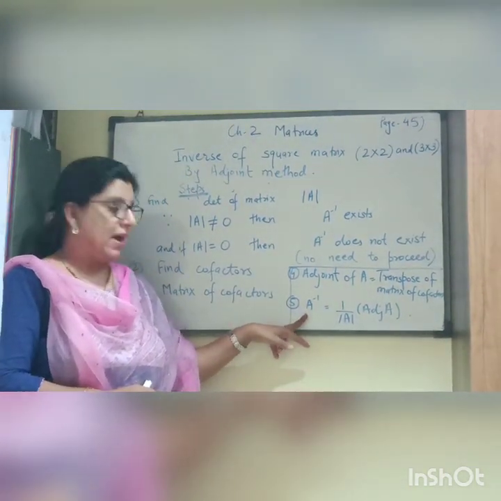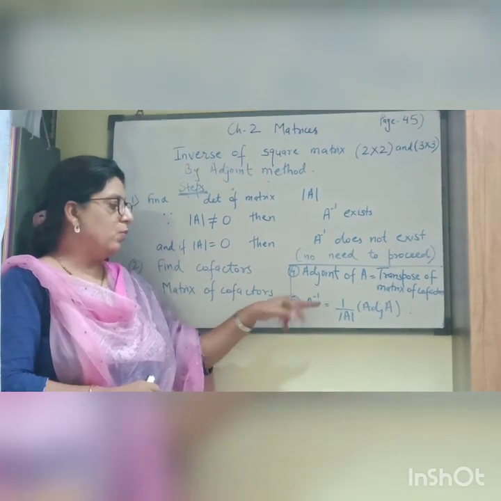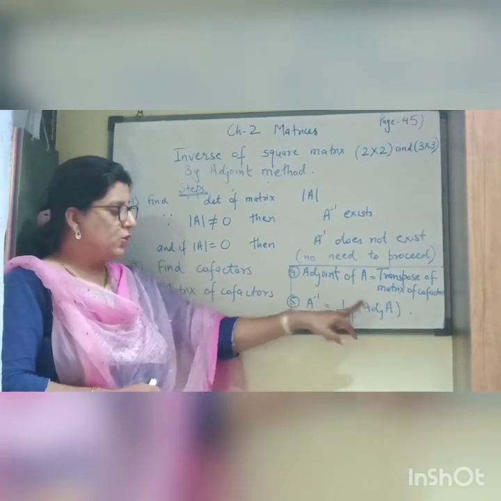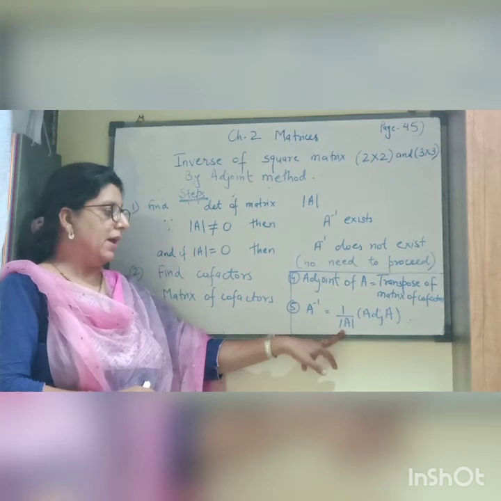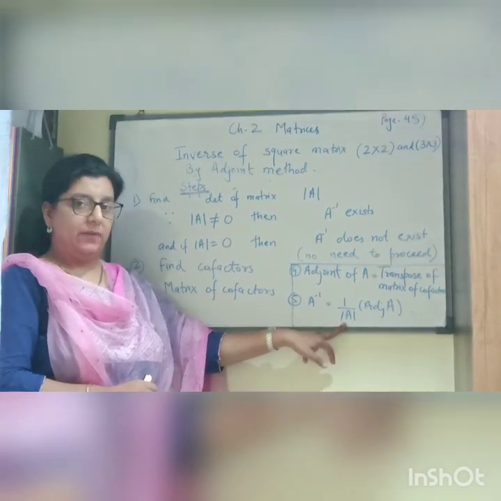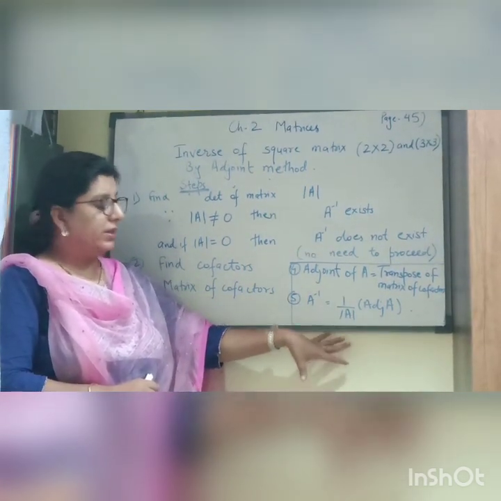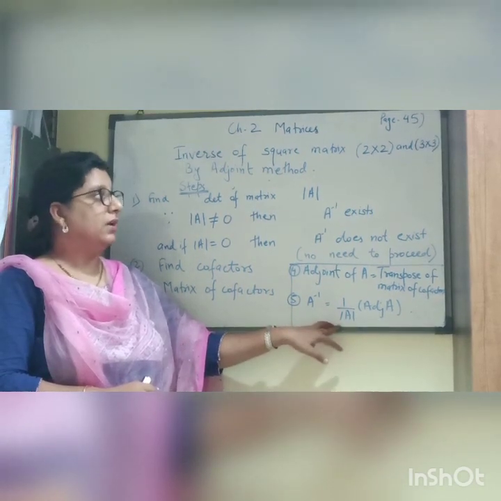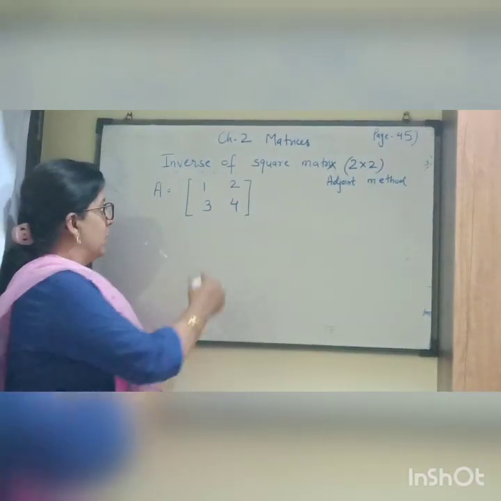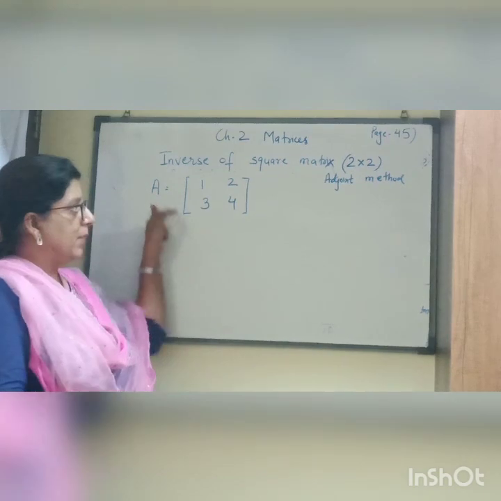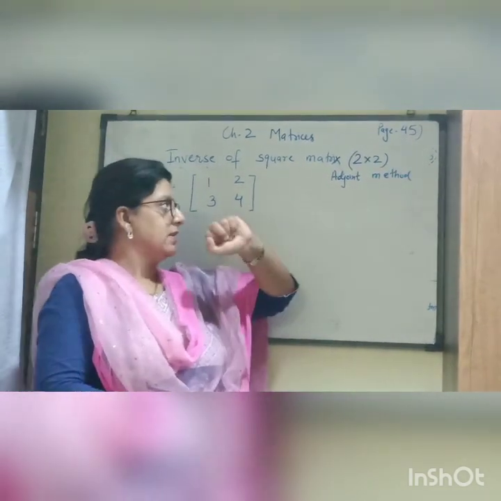And the last and final step is A inverse: adjoint of A divided by determinant of A. I will explain all these steps by taking one example. Now I am taking an example of a 2 by 2 matrix first.